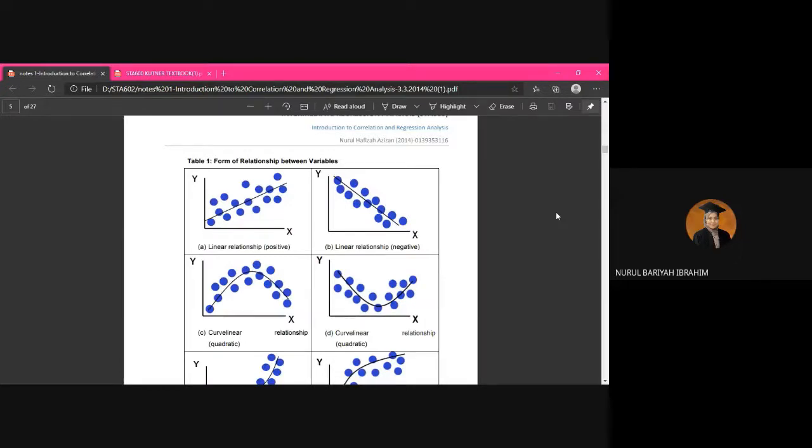Then just plot the scatter diagram, all the points here, according to the data that we have from y and x. Alright. And then from there, dia akan jadi nampak macam ni.